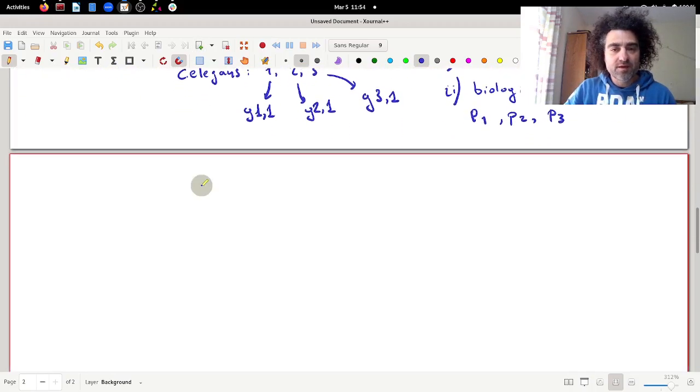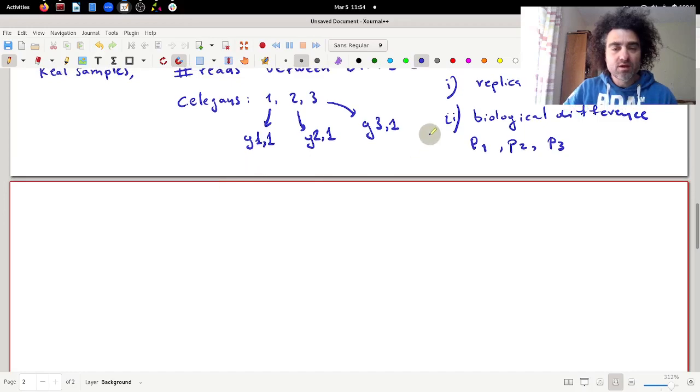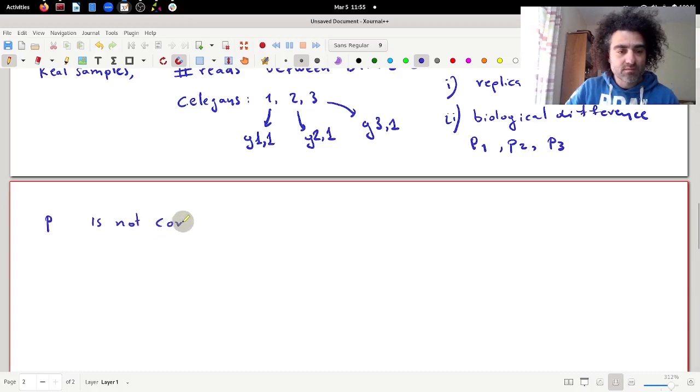Okay, therefore what we can do to model better this difference of reads between these three individuals is to assume that the p between individuals is not constant, but follows some distribution.